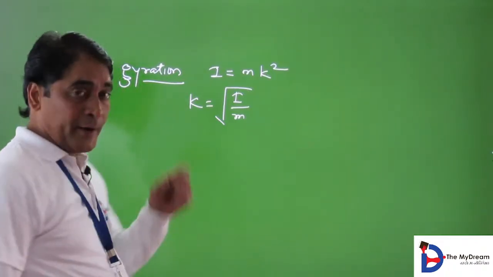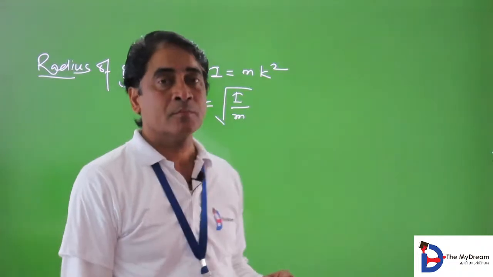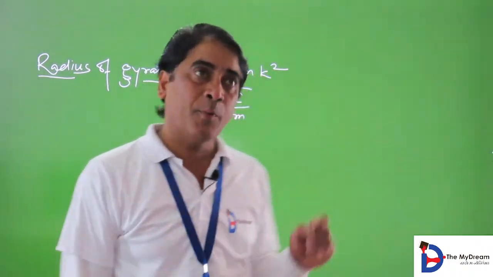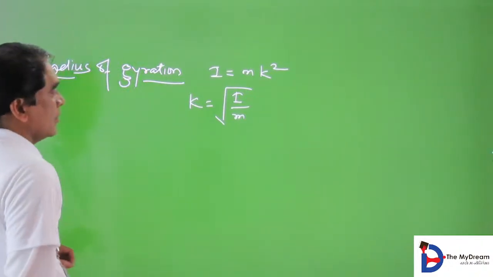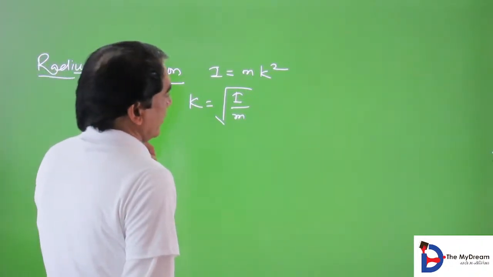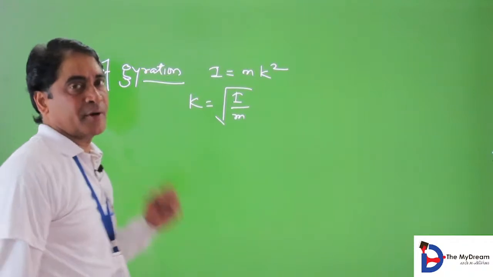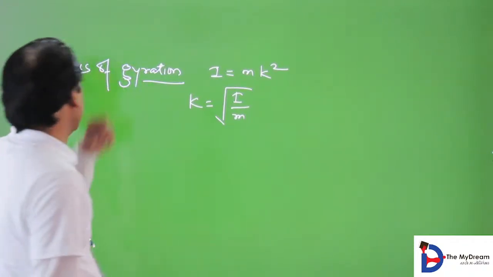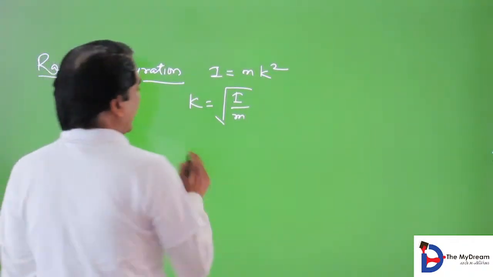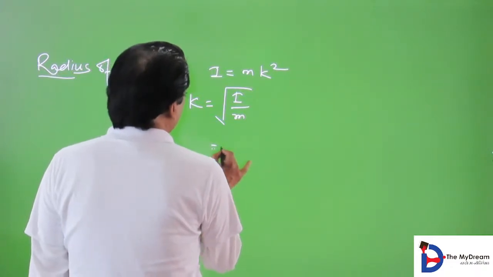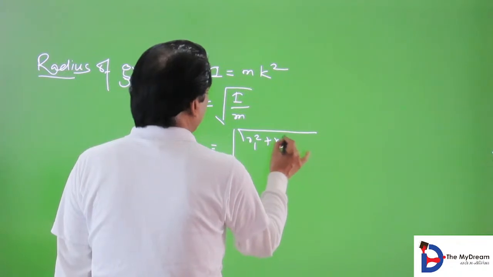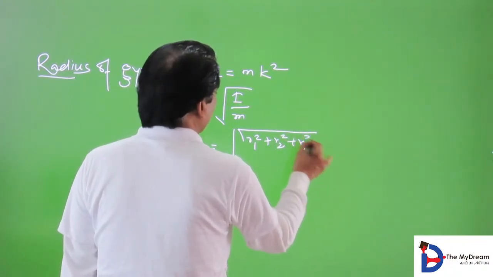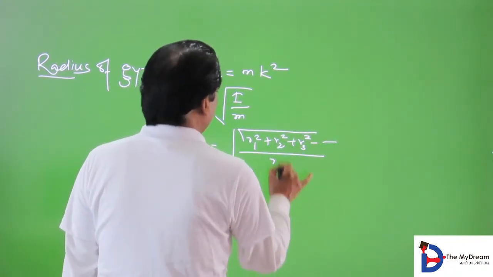It is the distance of a point from the axis of rotation of a system of particles, which can be written like this also: root of r1 square plus r2 square and so on, by n.